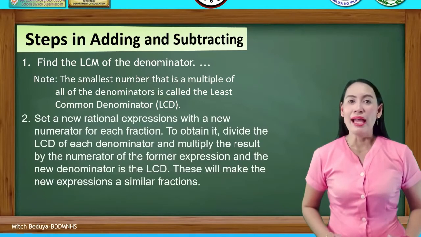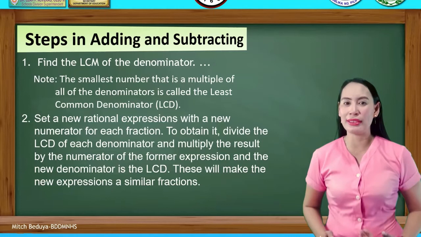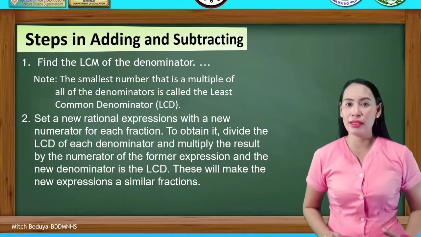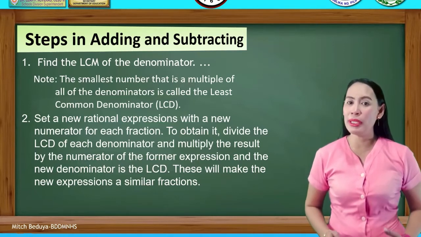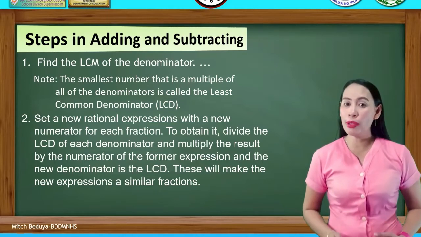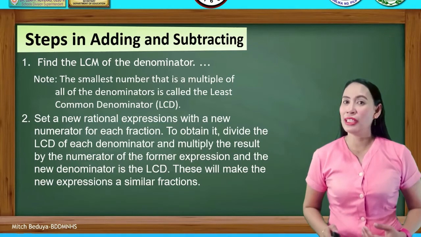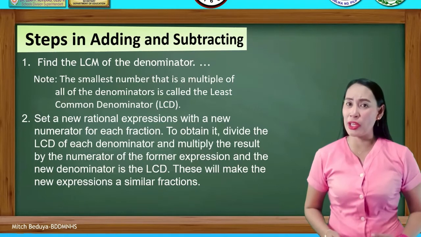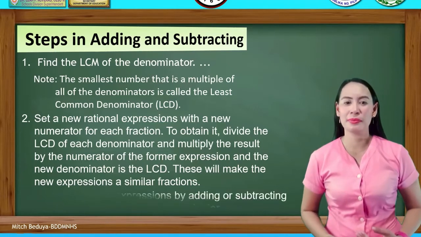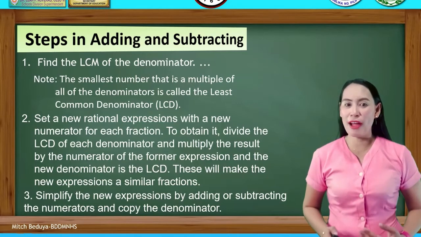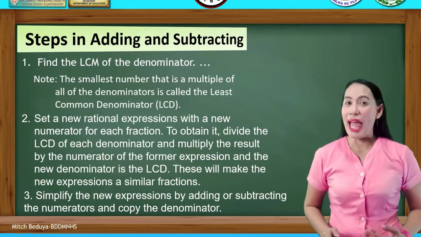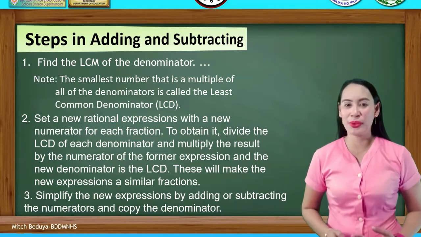Number 2, set new rational expressions with a new numerator for each fraction. To obtain it, divide the LCD by each denominator and multiply the result by the numerator of the former expression. The new denominator is the LCD. This will make the new expressions similar fractions. Number 3, simplify the new expressions by adding or subtracting the numerators and copy the denominator.